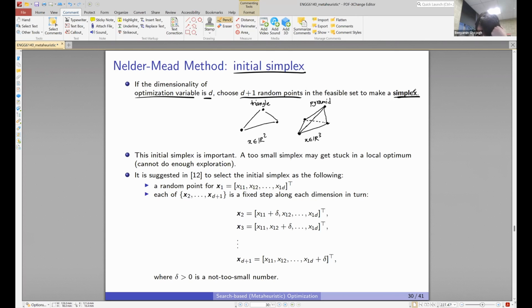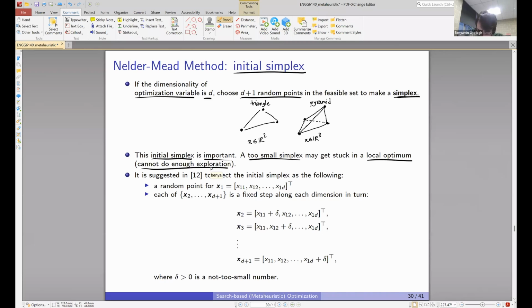And this initial simplex is very important. Why? Because a too small initial simplex may get stuck in a local optimum. It cannot do enough exploration. Of course, obviously, because if you choose your simplex so that the corners are close to each other, then they cannot explore well in the optimization landscape.